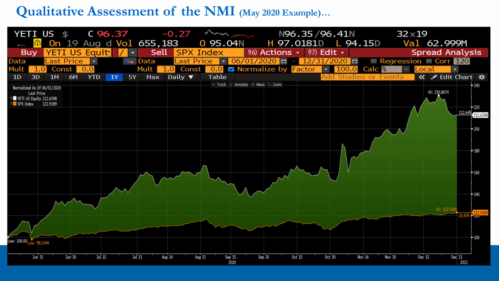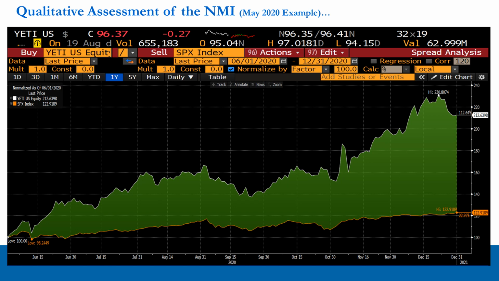We're starting at the point of origin at 100, and we're comparing Yeti to the S&P 500. So over that 6-month period, how did Yeti, our outdoor and recreation stock, compare to the S&P 500? Well, Yeti, in absolute terms, was up 112% over that 6-month period.